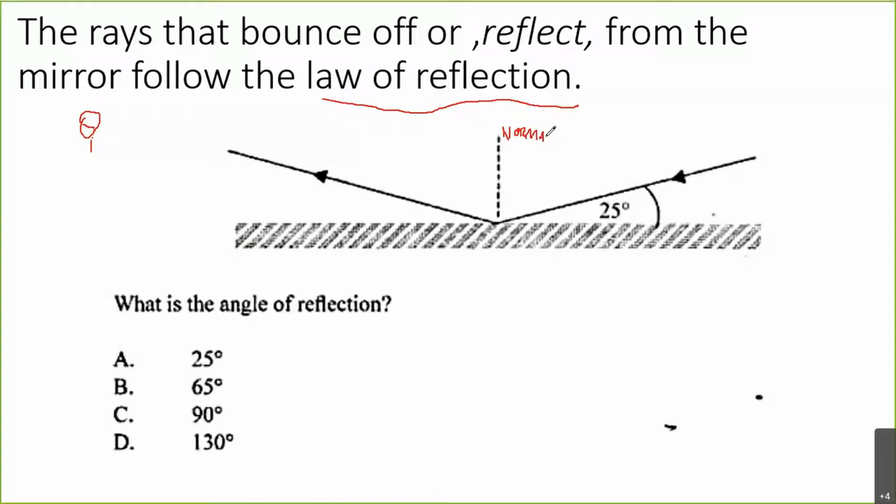The angle that the incident ray makes with the normal is equal to the angle that the reflected ray, the one that bounces off of the surface, makes with the normal. Okay? So with that said, do you think you can answer this question for me? What is the angle of reflection?